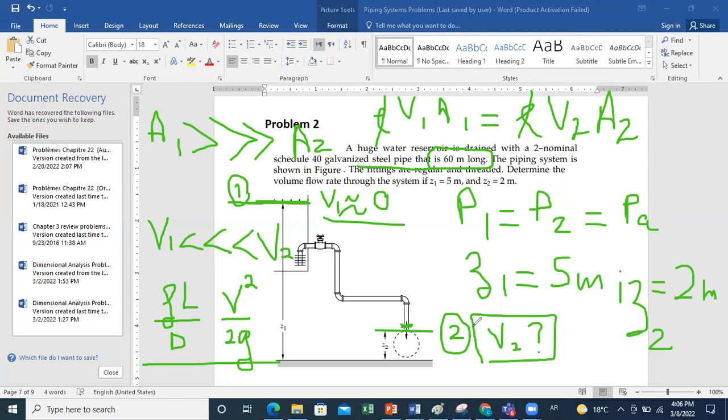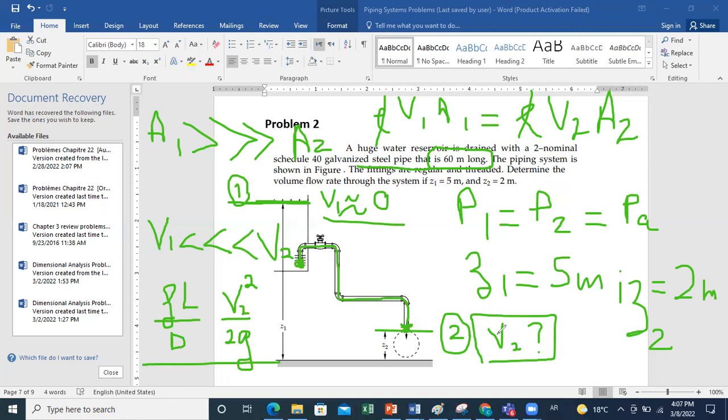It depends on V, and V will be equal to V2. Why? Because as you have the flow through your piping system, you are not having any change in cross section. So since the cross-sectional area is constant, V will not change from the point you enter the piping system until the point you exit it.